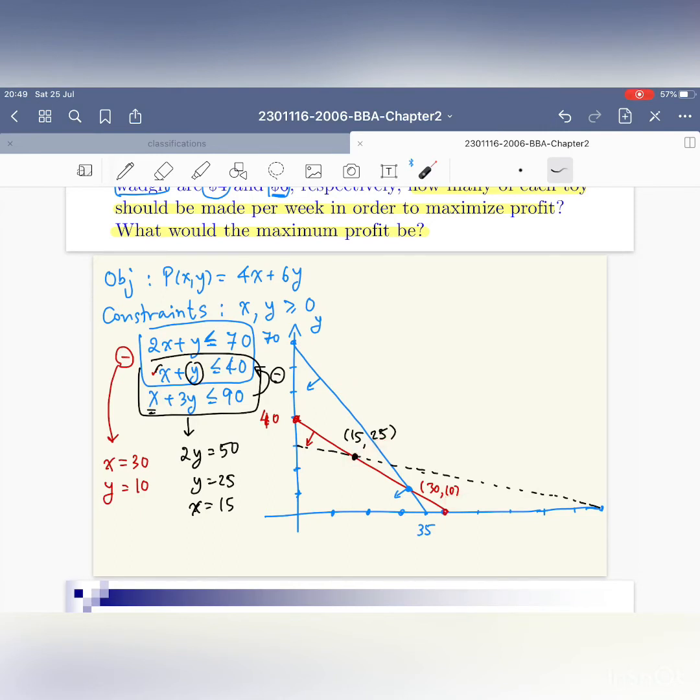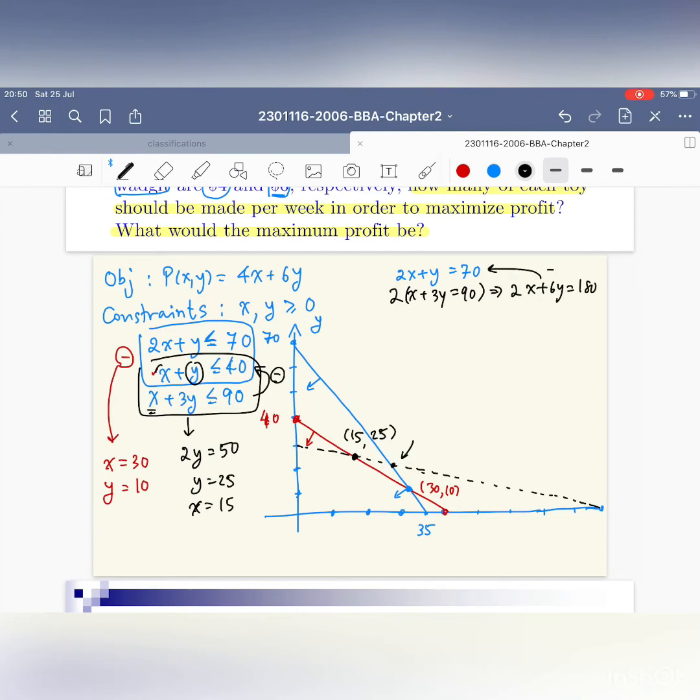Okay, even though this point is not that important, let us find this one between the black and the blue. The blue is 2x plus y equals 70. The black is x plus 3y equals 90. So you multiply by 2, to have 2x plus 6y equals 180.